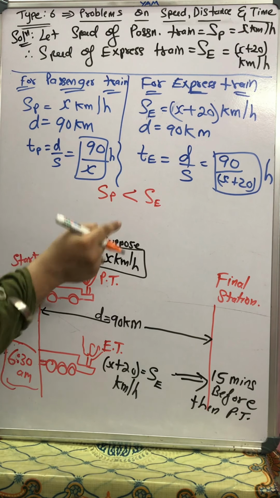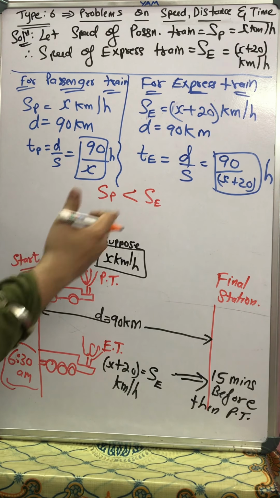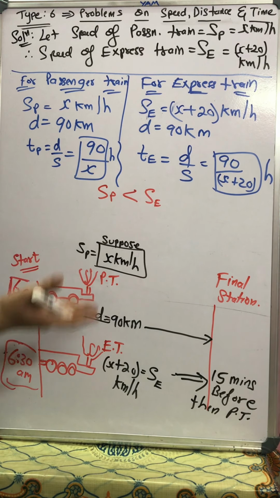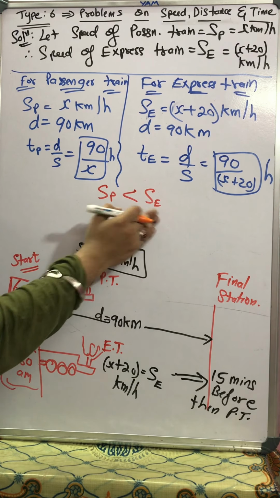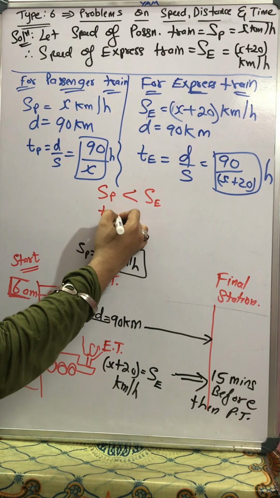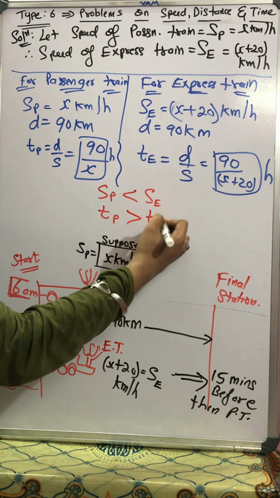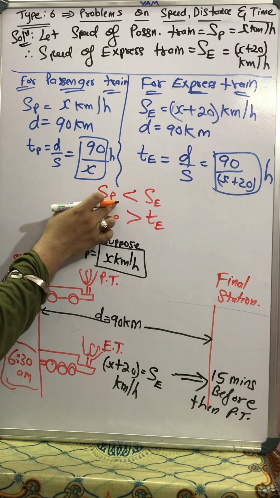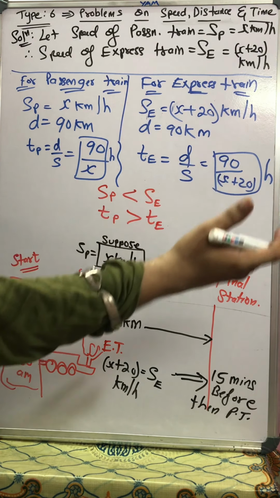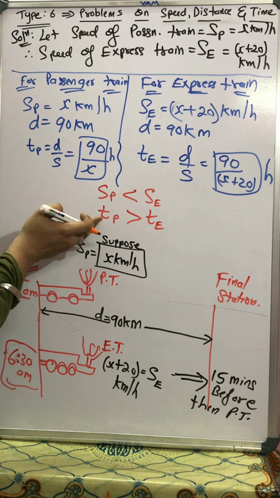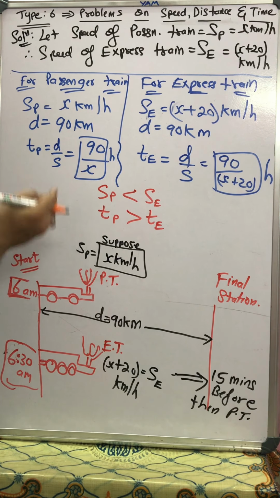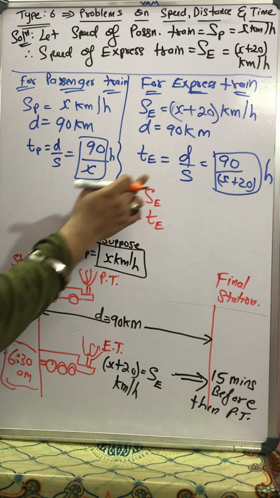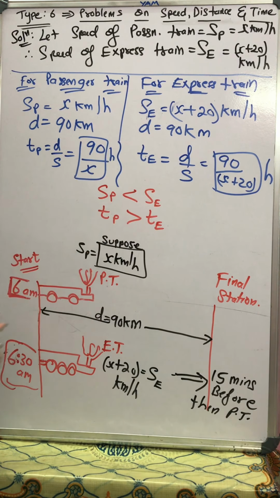Because the speed of passenger train is less, the time required by the passenger train to cover the same distance will be high as compared to the express train. Passenger train ki speed kam hai to late pahunchegi as compared to express train. So time of journey of passenger train will be more as compared to express train. Speed and time are always inversely proportional to each other.